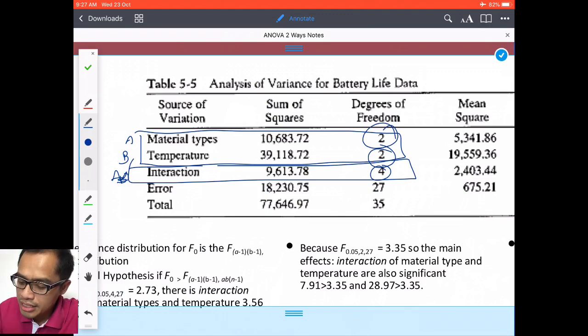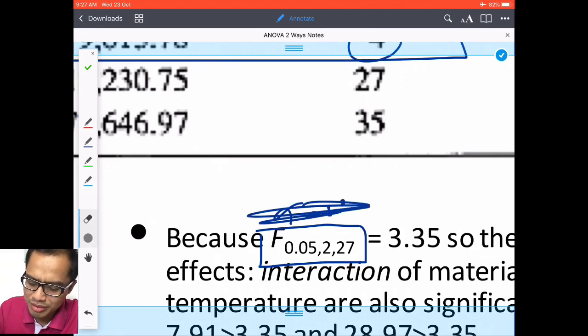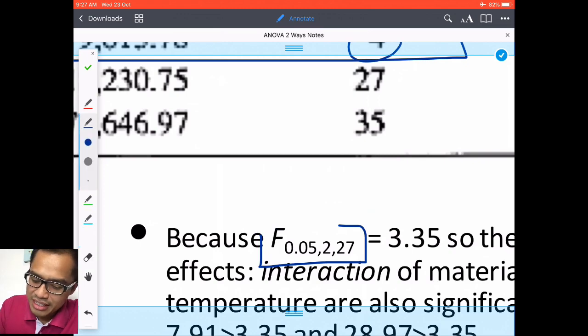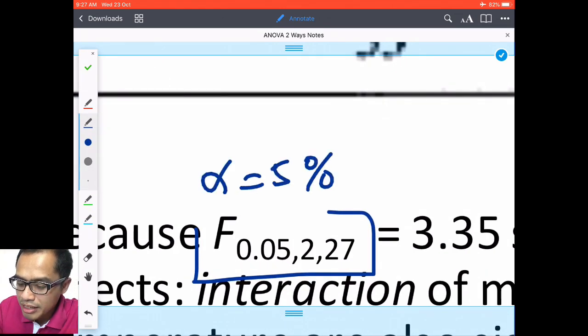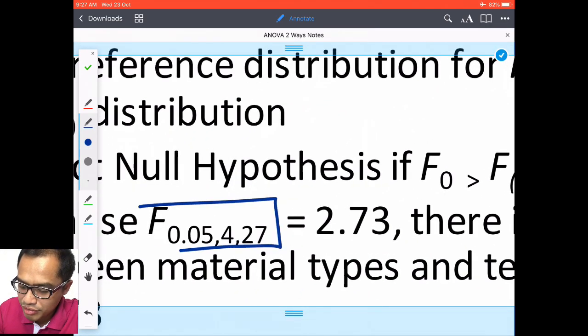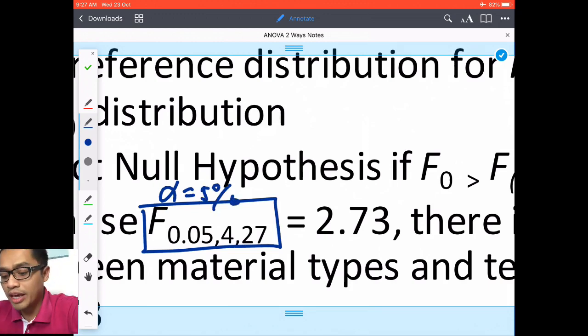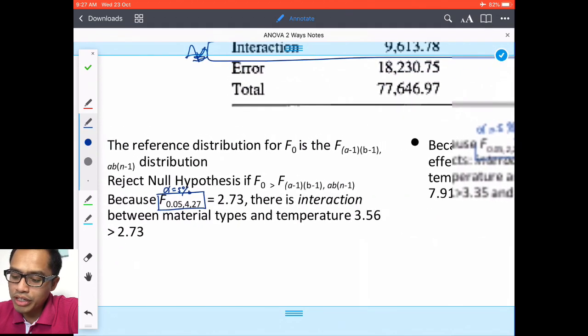The first one is at alpha 5%. Another one is 4 degrees of freedom, alpha 5%. Okay, so one is 2 degrees of freedom and one is 4 degrees of freedom.